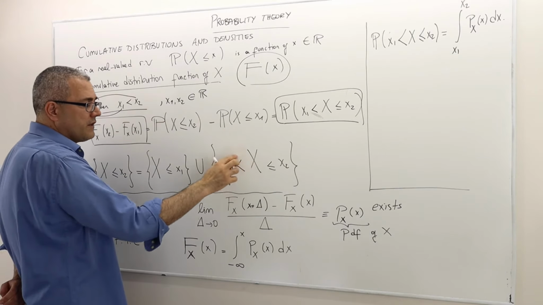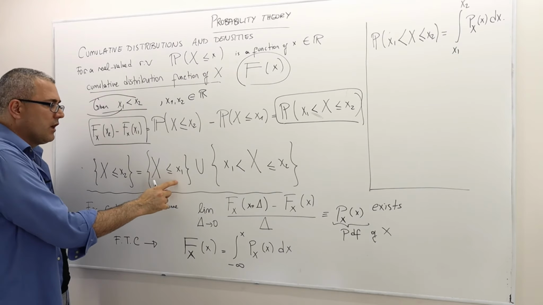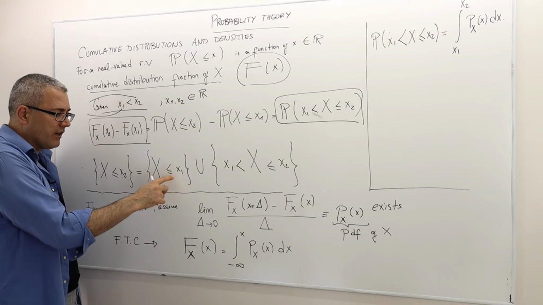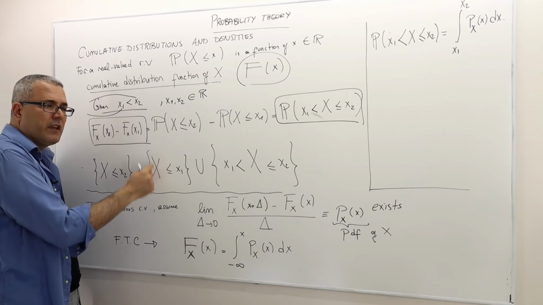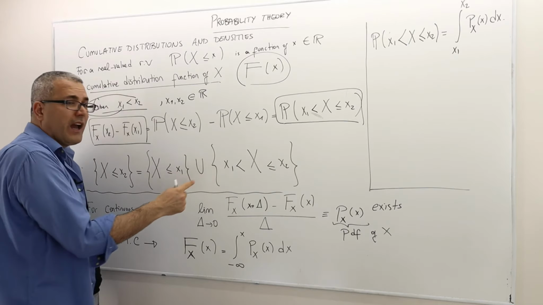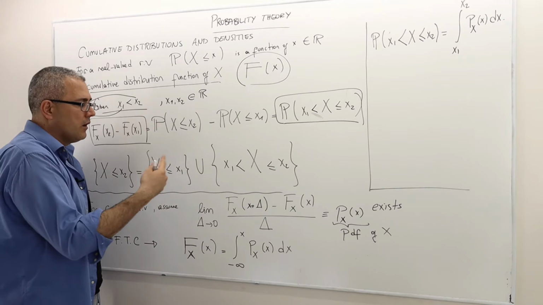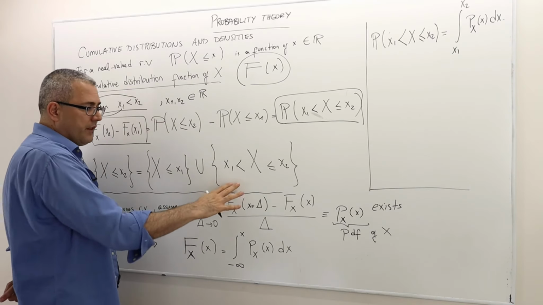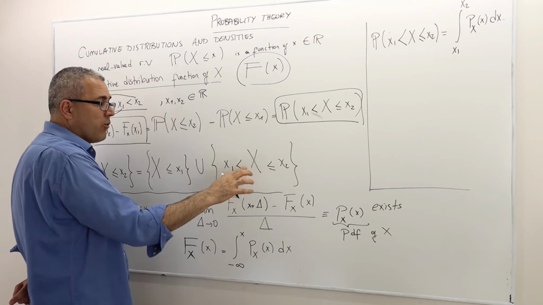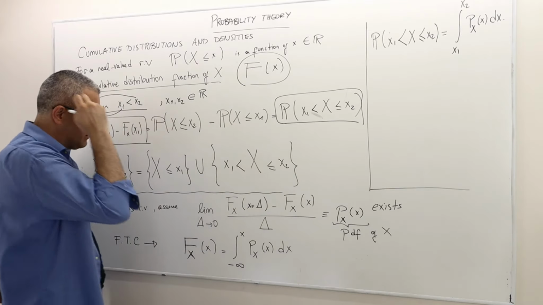I put this inequality here because I already counted the case where x is equal to x1 in the first event set, and I don't want to double count it. So I start with a strict inequality here, all the way up to x2, where x2 is included.